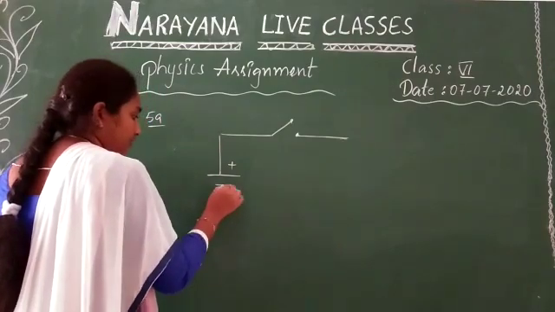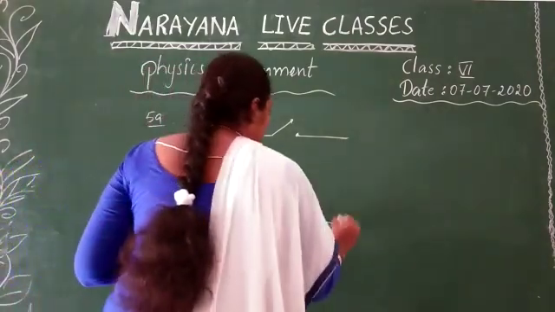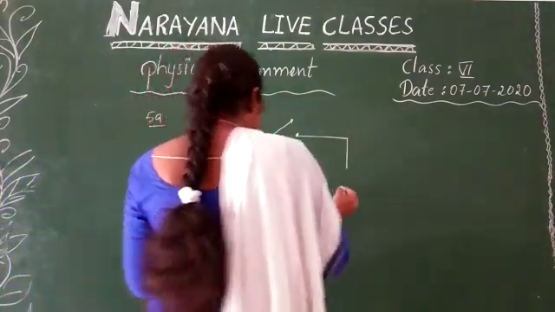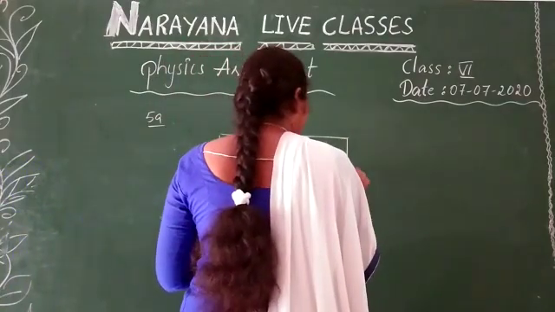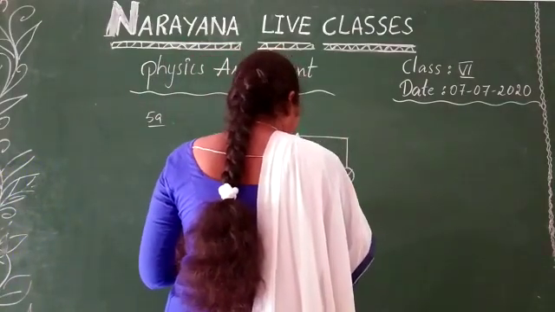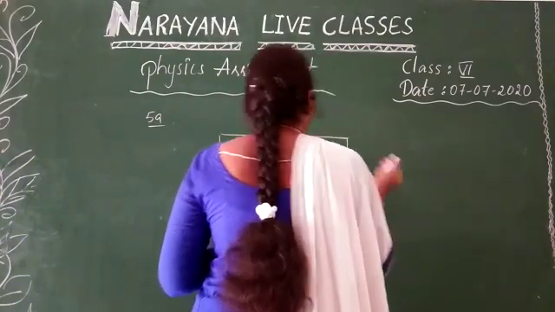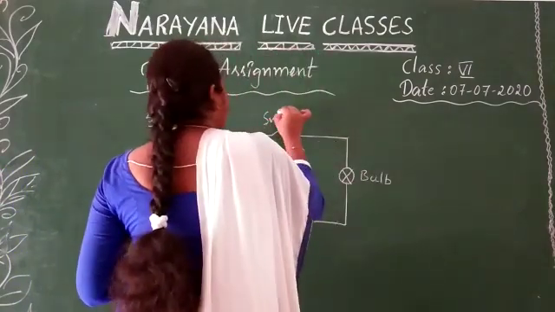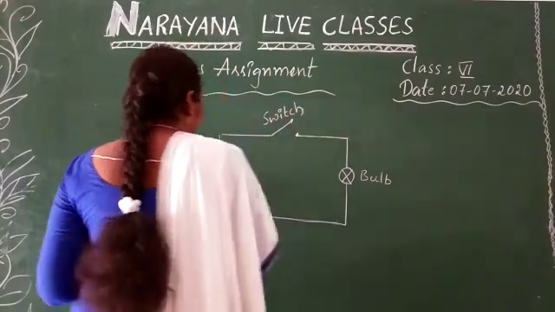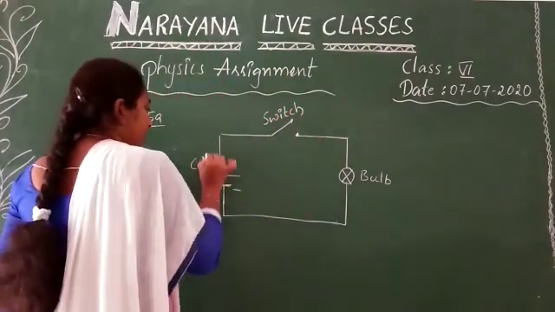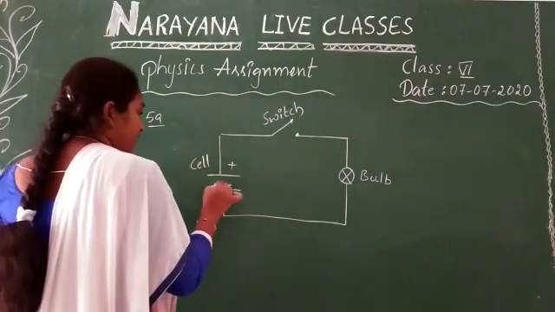On the other side I kept a bulb. So this is the bulb, this is a switch, and this is a cell or battery.